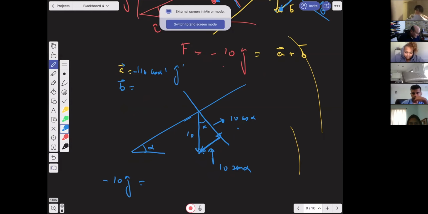Okay? So this is 10 cosine of alpha. This is 10 sine of alpha. Can you write me the vector?